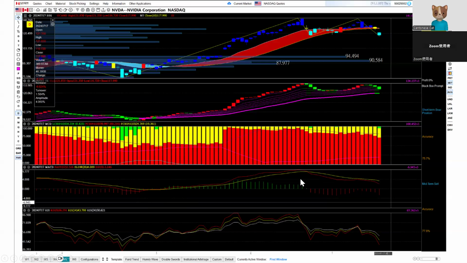That would be the second last yellow candle. So that is what we call a death cross in jargon. Since then, NVIDIA was losing some steam and was trending down until another red candle appeared.